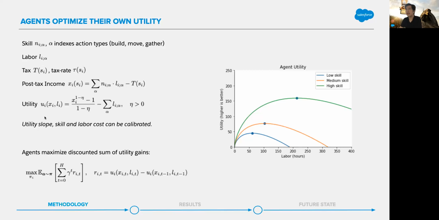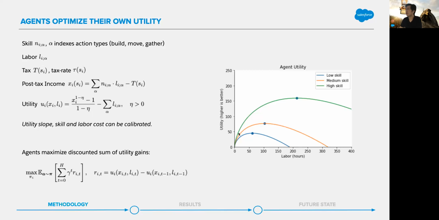Now, the utility that we are using in this work is this sort of power law, where you take this post-tax income and raise it to some power, 1 minus eta, and then we subtract the labor linearly like this.